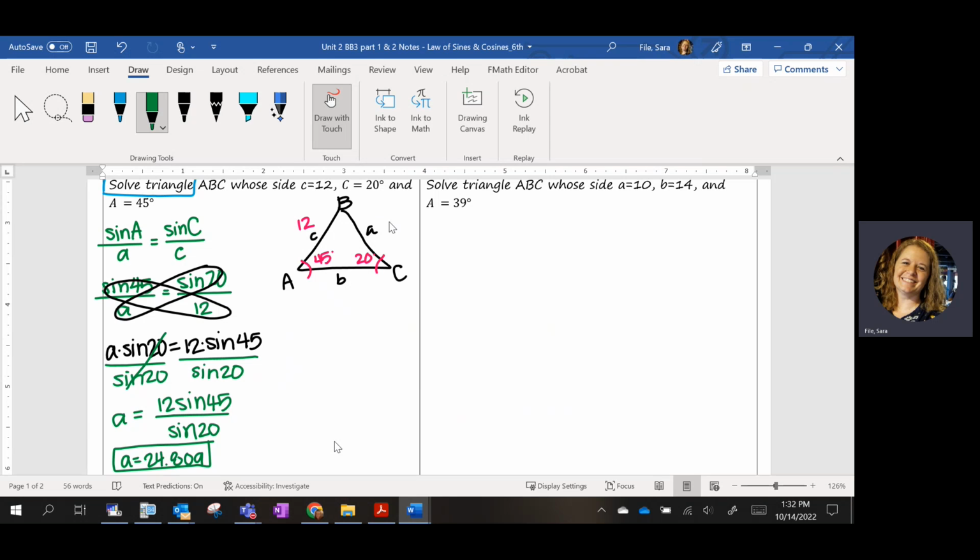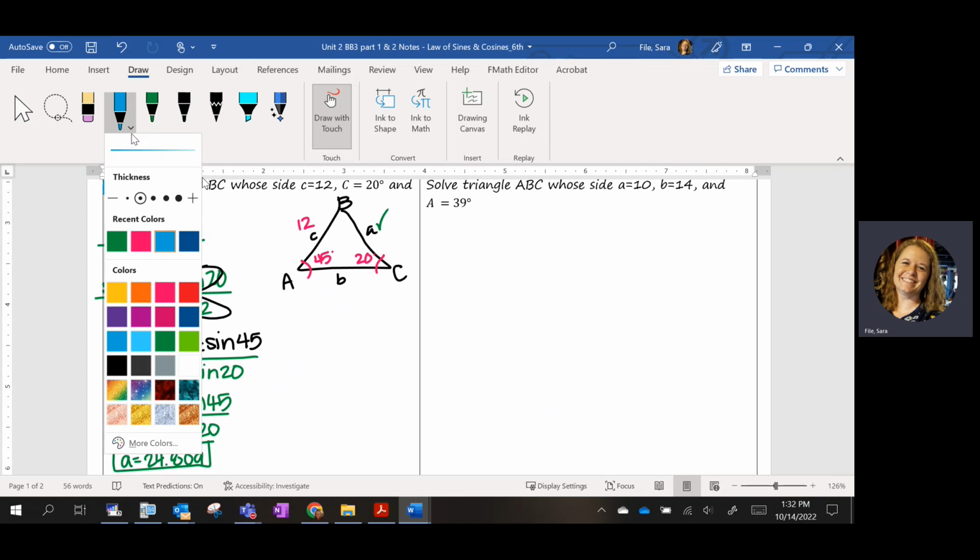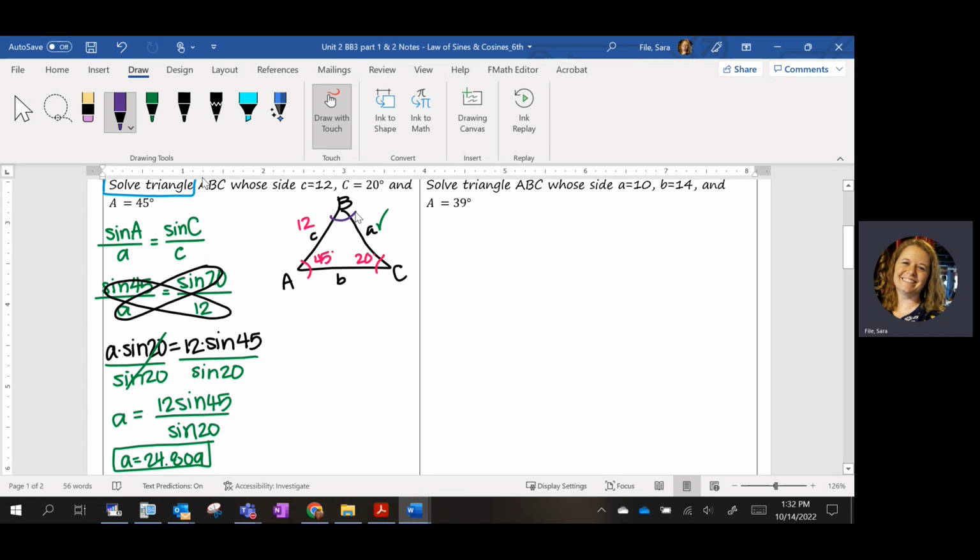What is the next easiest thing to find in this triangle? Or what was probably the easiest, but we didn't do it first? Yeah, angle B. Angle B is super easy to find right here because why? Yeah, we know that the 3 angles of a triangle add up to 180. The triangle sum theorem says our 3 angles total 180 degrees.